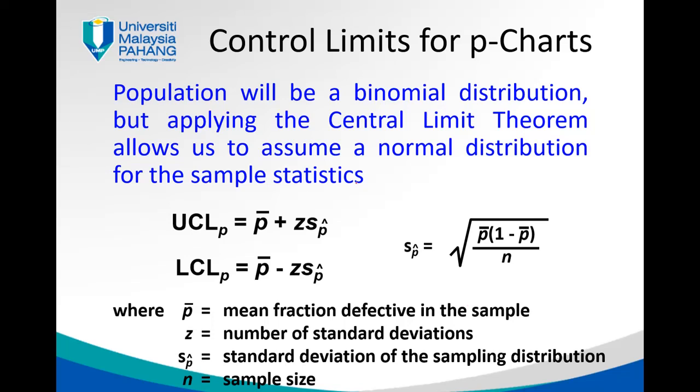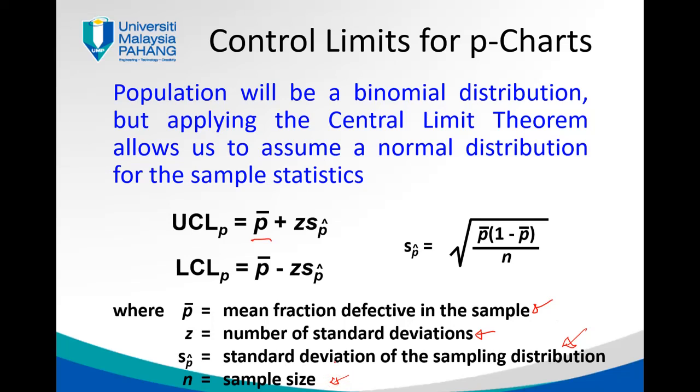Upper control limit is P bar plus Z times S_P. P bar is the mean fraction defective in the sample, so we calculate the fraction or percentage of defects from the sample. This is the mean. Then Z is the number of standard deviations, S_P is the standard deviation of the sampling distribution, and n is the sample size.